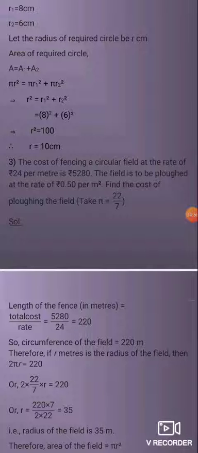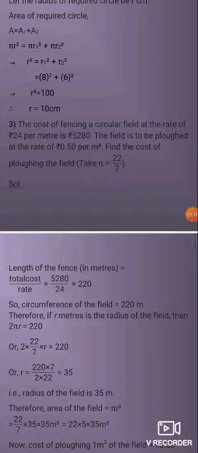Now, the field is to be ploughed at the rate of rupees 0.50 per meter square. Now, the field is to be ploughed means the inside portion is there. So we need to find out the area of the field first. So what is the equation of area of the field? Yes, pi r square. So pi r square is equal to 22 by 7 into 35 into 35, which is equal to 22 into 5 into 35.